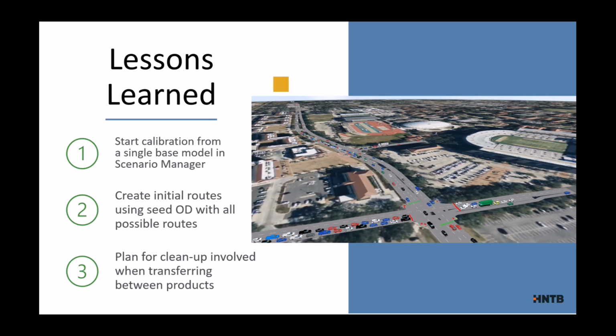Another lesson we learned had to do with the routes that we brought into VisM from Vizoom. It was like 1,000 routes or something, 1,000 OD pairs. Rather than coding those in by hand, we brought them in from Vizoom.